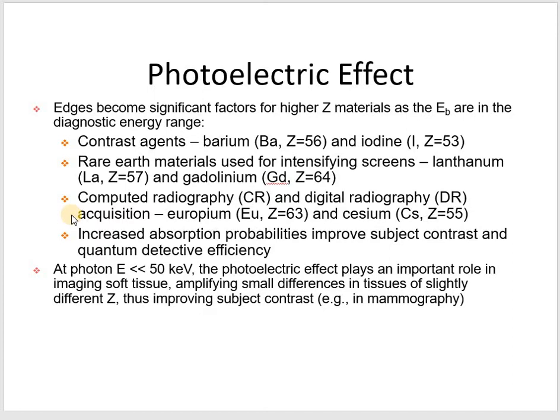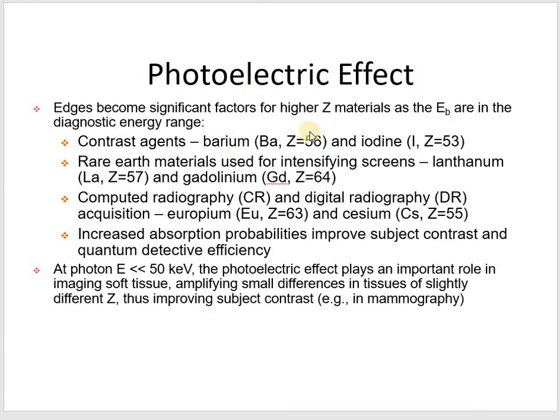Blood can be tagged with iodine. Blood has an atomic number close to soft tissue, so you wouldn't be able to see that. By having a higher atomic number in blood, there'll be higher absorption, that will finally show the difference in terms of level of shades of gray. So these are among the materials that are used as contrast agents.